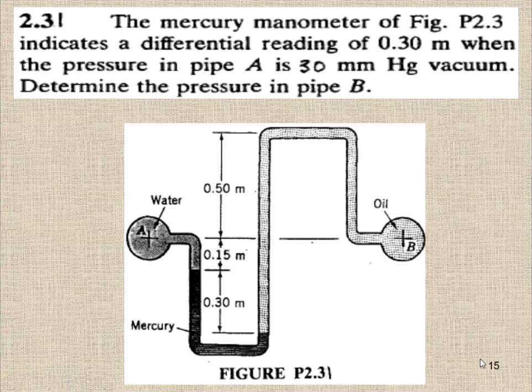So here we have to determine the pressure in pipe B. First of all, we make a data list of what information is given and what we have to find out. Here water is given and here oil is given. Do we have the specific gravity of the oil?